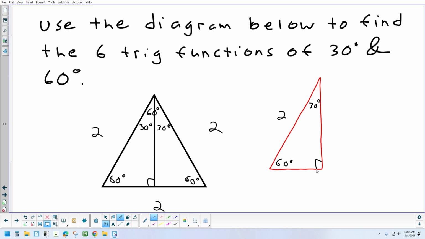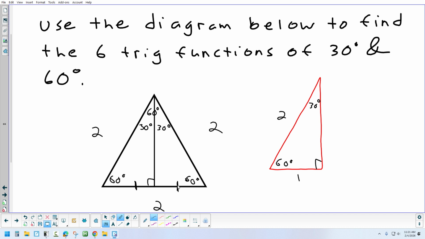Yep. The bottom length is 1. Right, the bottom side is 1. And we know that because these 2 triangles are congruent. They're mirror images of each other. So if this is equal to that, and together they add up to 2, then individually they must each be 1. That's why I picked 2 for all the sides, because I knew I was going to be cutting one of them in half.